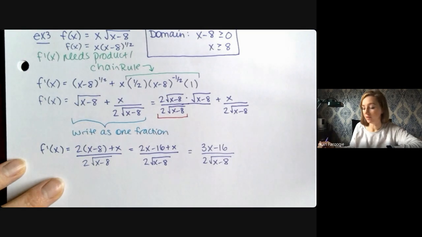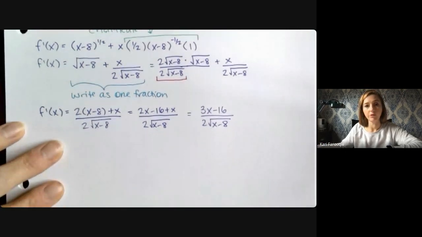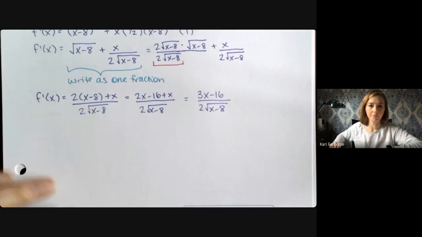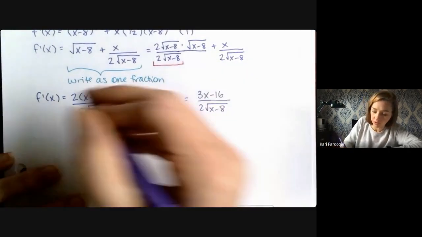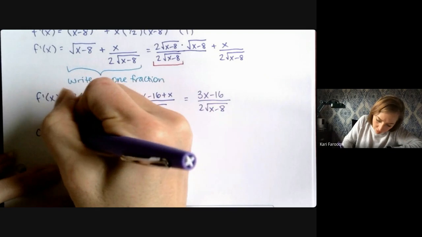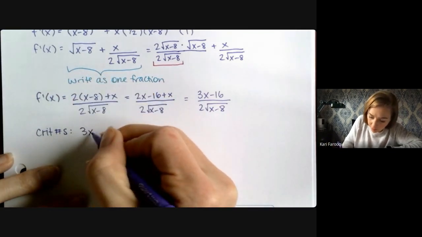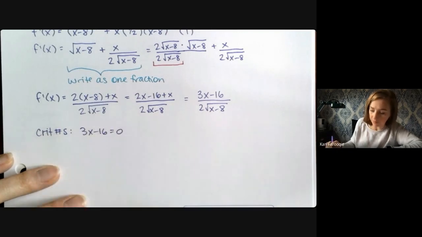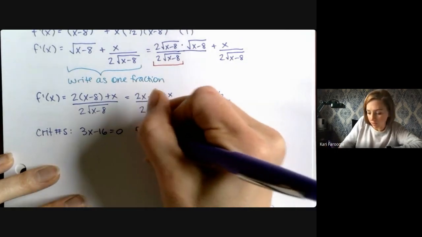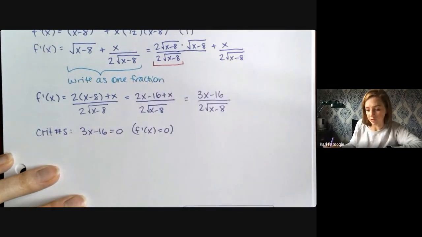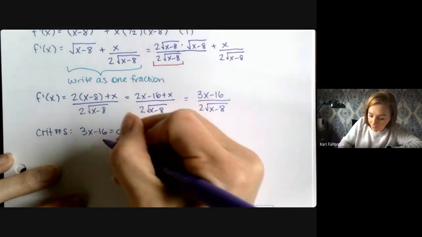This is where all that algebra you've learned in your lives is going to be really helpful to you. I want to figure out where the first derivative is equal to 0, and I want to find out where the first derivative does not exist. So what I'm going to do here is to find my critical numbers. It must be the case then that my numerator equals 0 means that f prime of x equals 0. And if my denominator equals 0, then my first derivative does not exist.